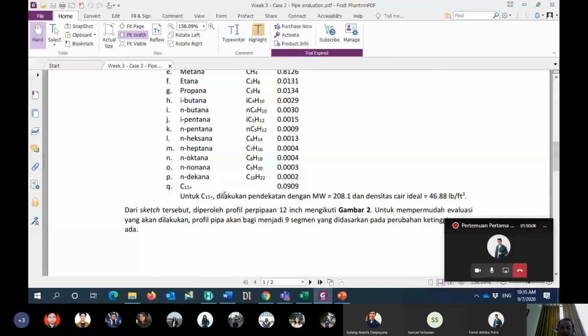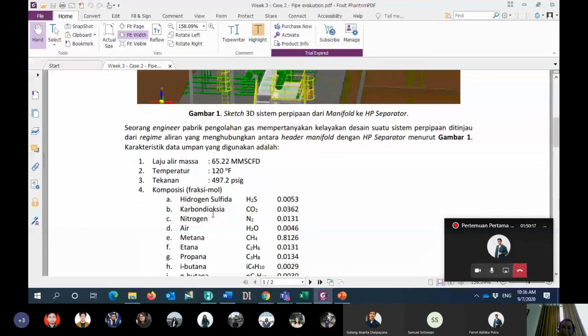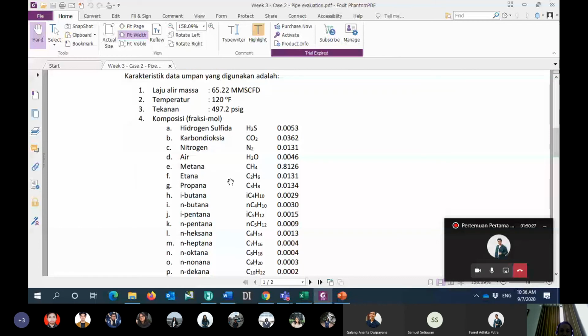The definition of the gas is already mentioned here, so it means there will be a flow rate, temperature, pressure, and the components.